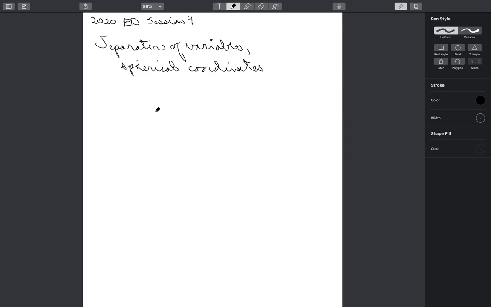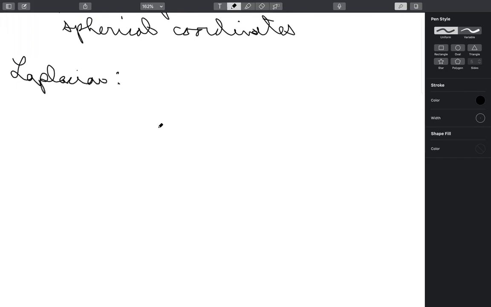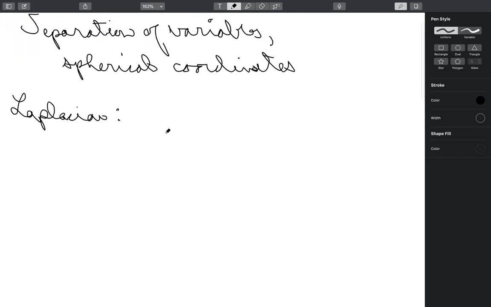Okay, so let me start essentially at the end point of last time, which was looking at the Laplacian in spherical coordinates. Let's rewrite this kind of beast. You're not really expected to know this by heart, but it would be great if you did. We have three coordinates, r, theta, phi.